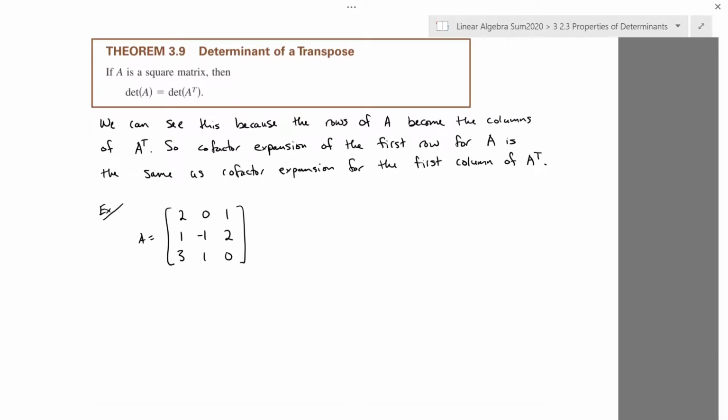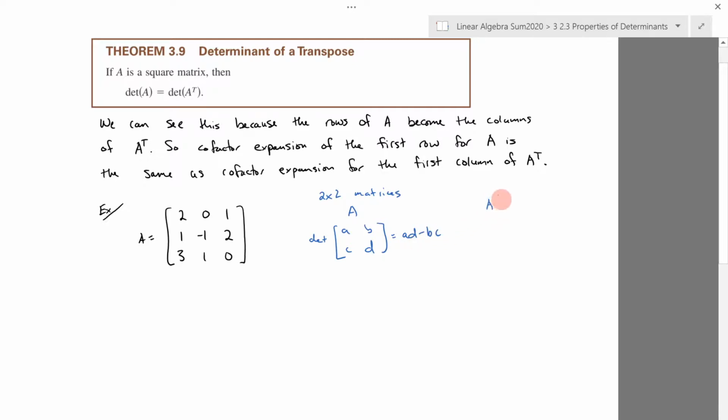Okay, so let's see this property in action. For 2x2 matrices, you can just look at the formulas. The general matrix A is a, b, c, d, and the determinant of this is ad minus bc.